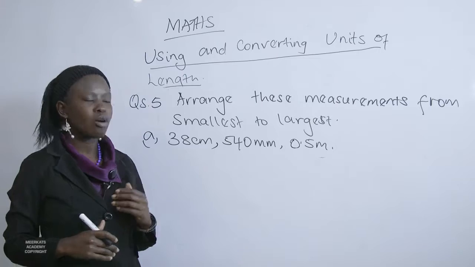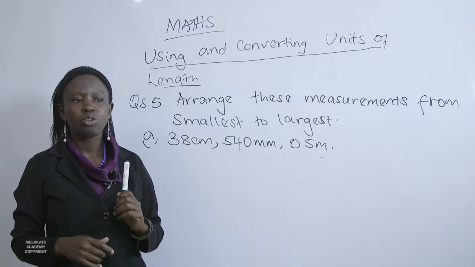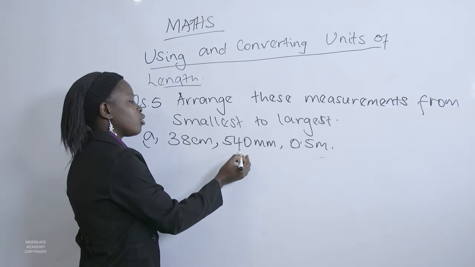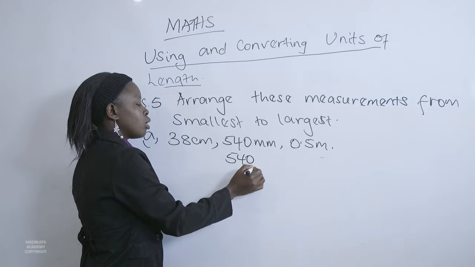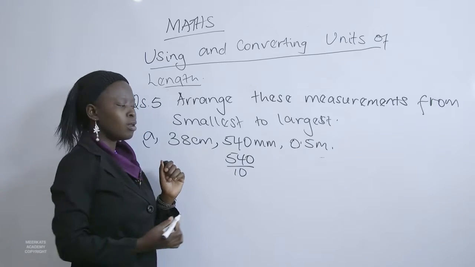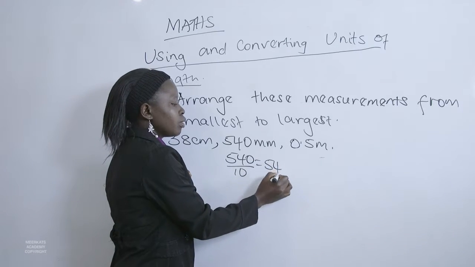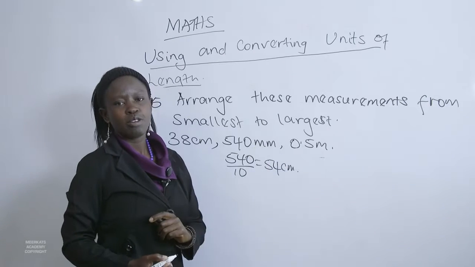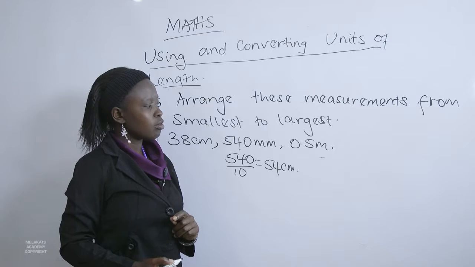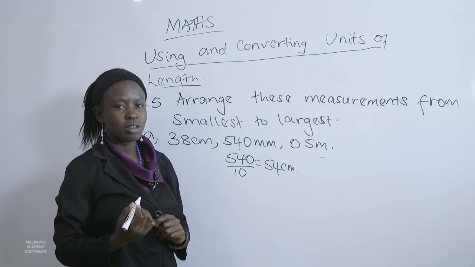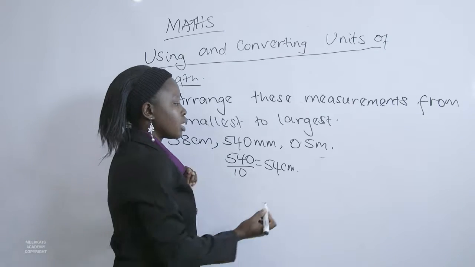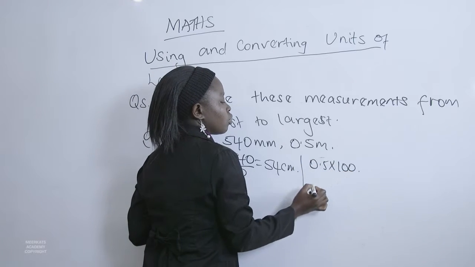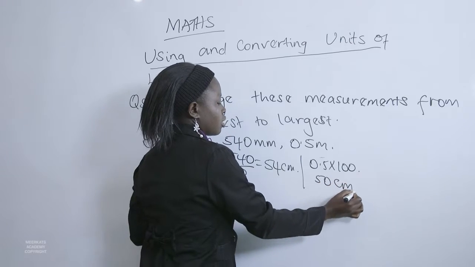So we can decide to convert the measurements to centimeters. 540 millimeters to centimeters will be 540 divided by 10, which gives us 54 centimeters. 0.5 meters to centimeters, we multiply by 100. So we have 0.5 times 100, which gives us 50 centimeters.